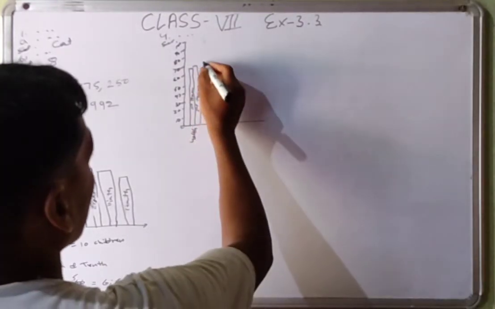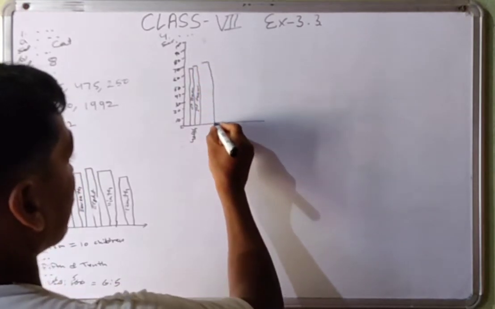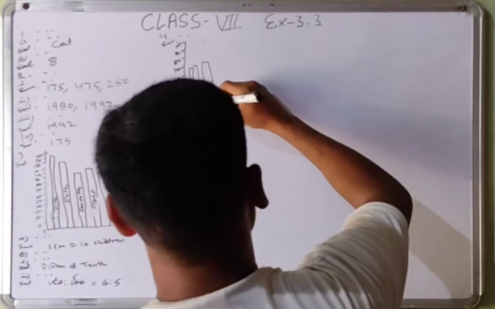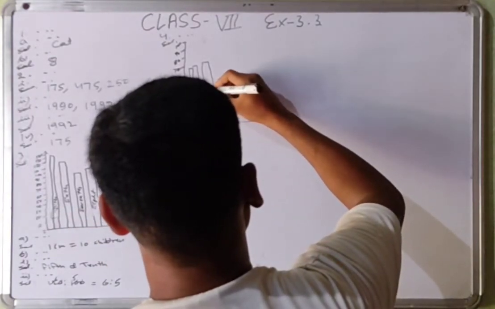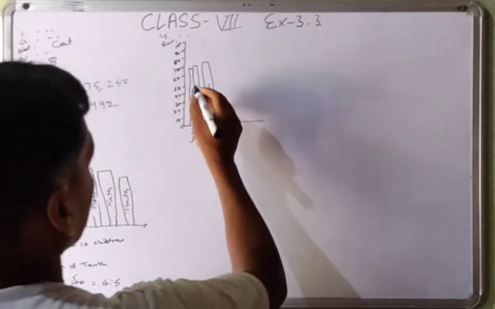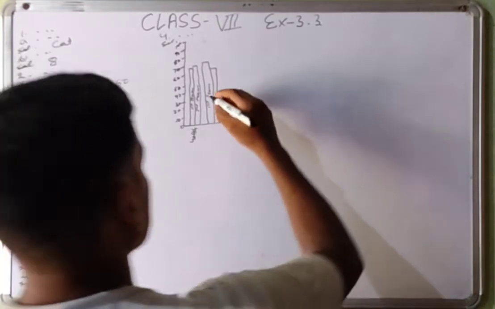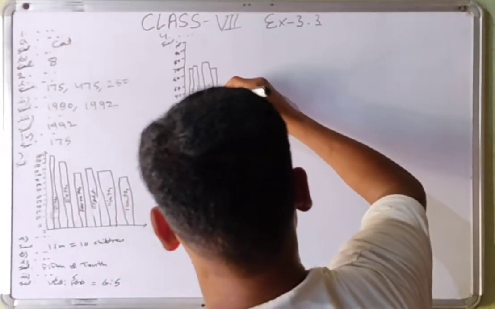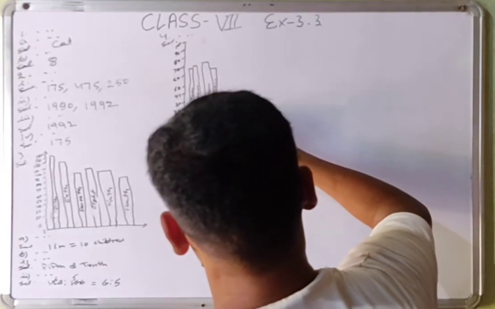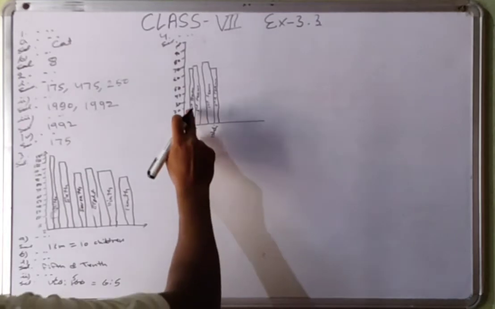So 72 up to here is the first team, and then the second team is 65. 65 up to here will come. Second team, and then Hindi.